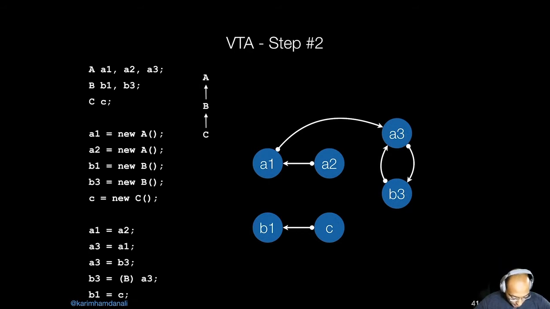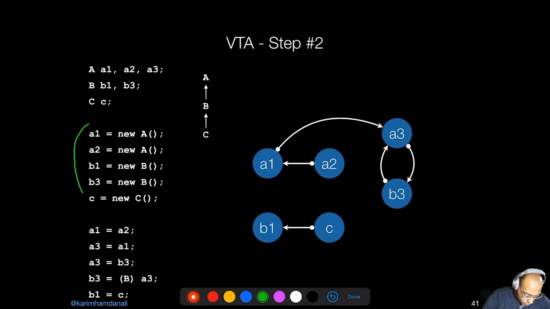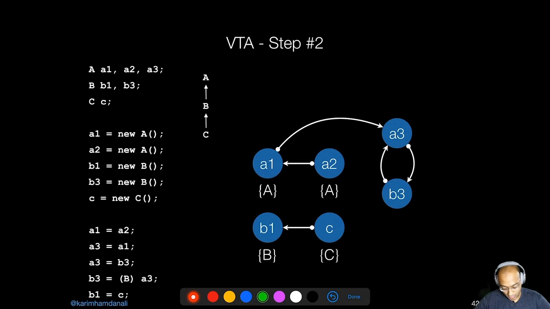Based on those object allocations, I can say that A1 is going to have the set of A, A2 is going to have a set with an element A, B1 is going to have a set with B, B3 is going to have a set with B, and C is going to have a set with C. So this is what I'm going to assign all of them to look like. All of these nodes are going to have those initial values.